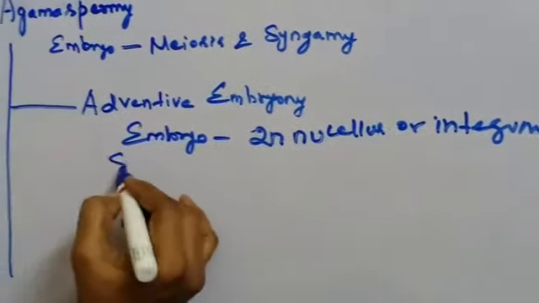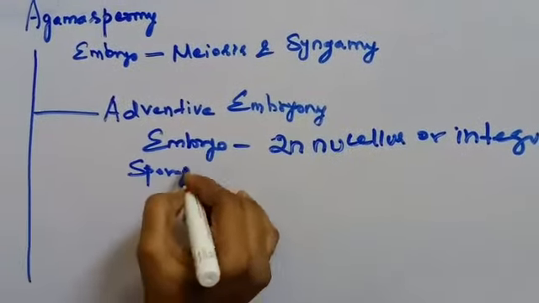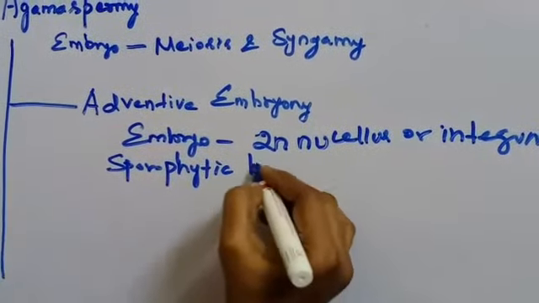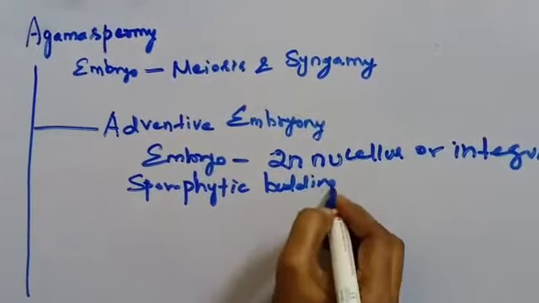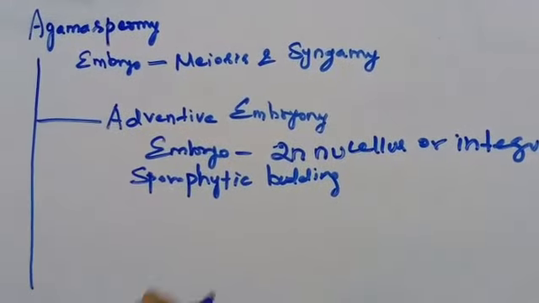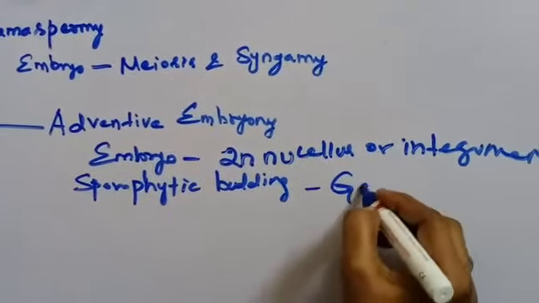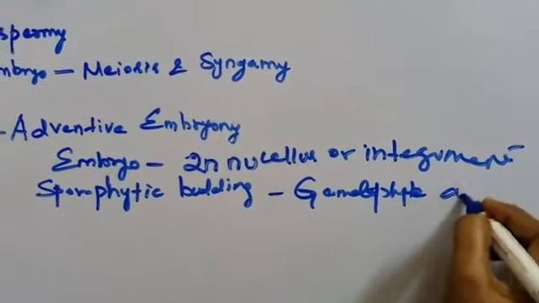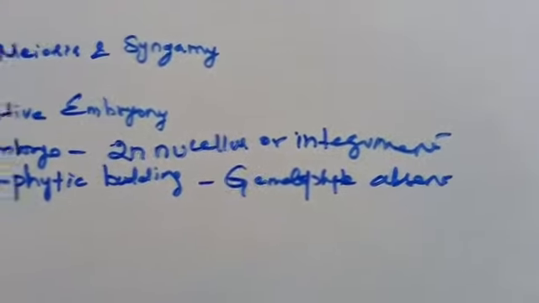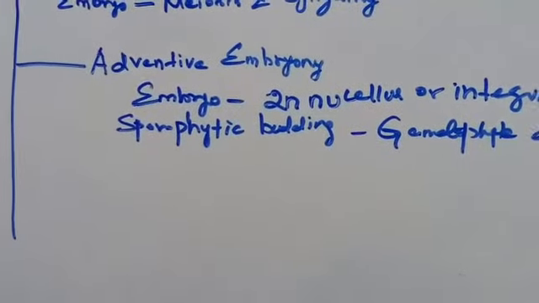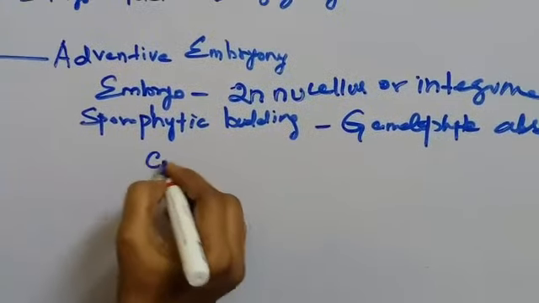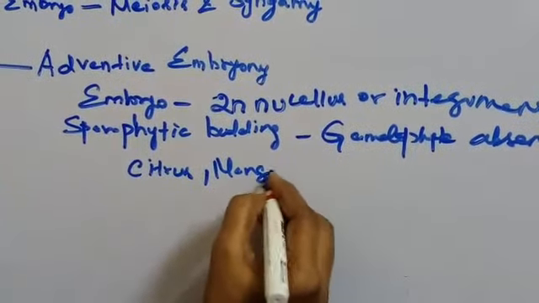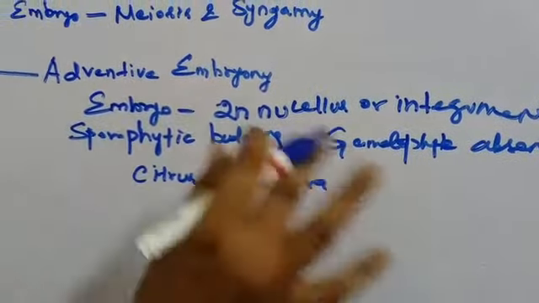This is otherwise called sporophytic budding. And here gametophyte is absent. Examples for this are citrus and Mangifera. So the first type is over.